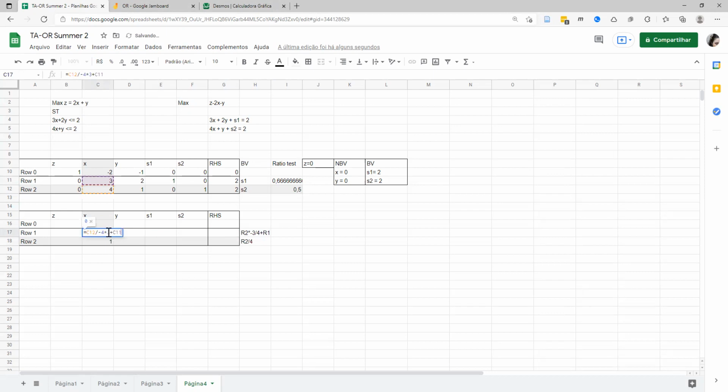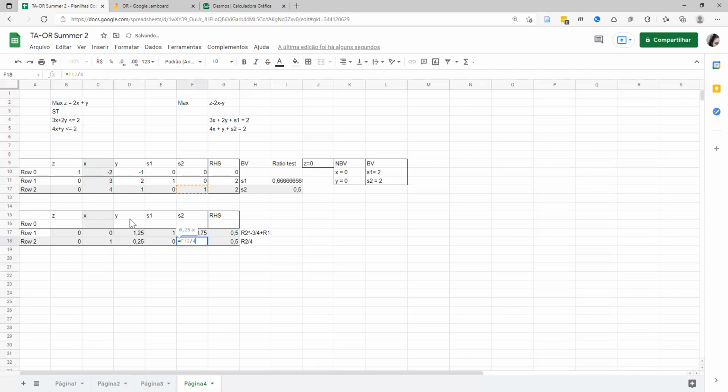So that's what we did here when we got the value in row 2. We multiply by minus 3/4 and we sum to row 1. Now we have 0. And we do that not only with the column x, but with all the other columns. The same thing here and there.